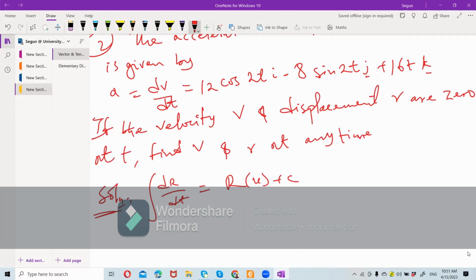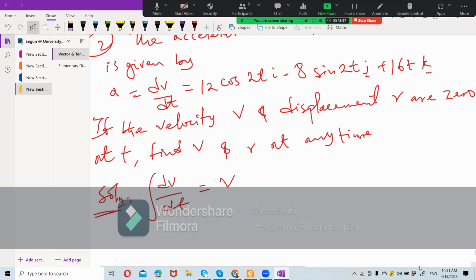But now you are given dv/dt. What does it mean? It simply means you are going to get v when you integrate it. So now let's write integrating. Let's continue.